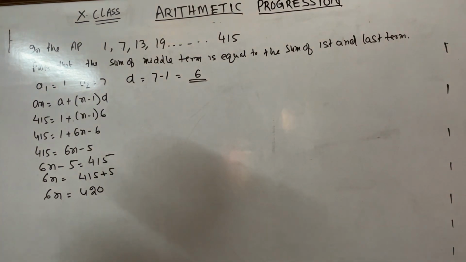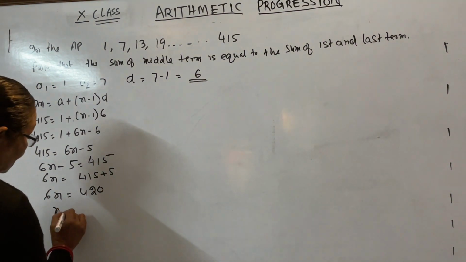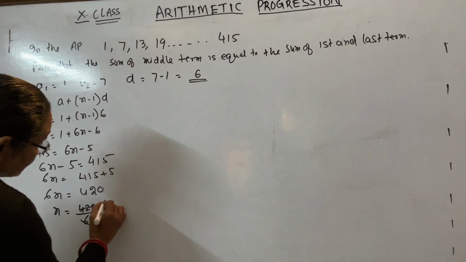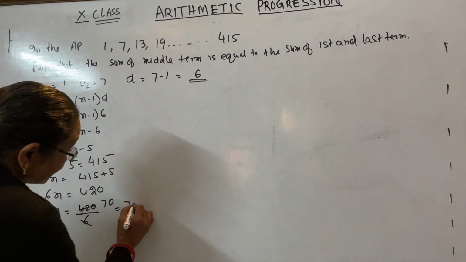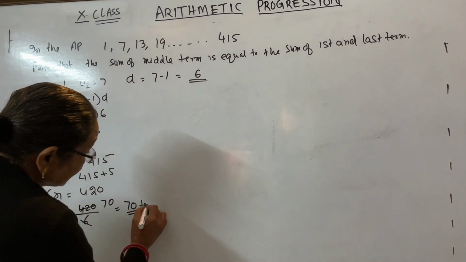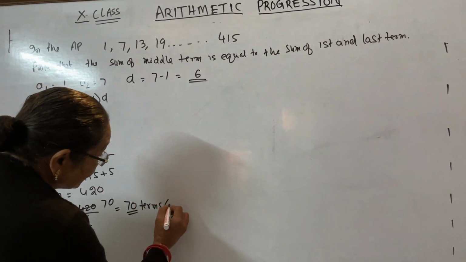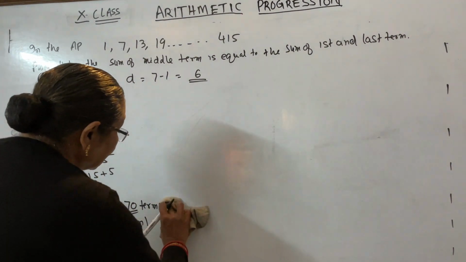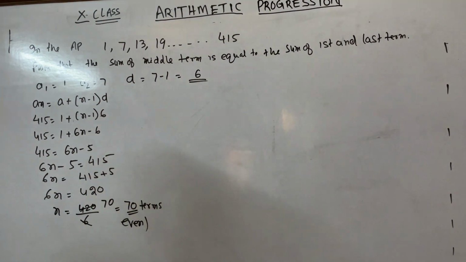420. You know what 420 is, right? So n equals 420 upon 6. So 6 7s are 42, that is 70. How many terms are there? 70 terms are there. This is even, right? 70 terms, that means even. For even, we have to find the middle terms, he said.